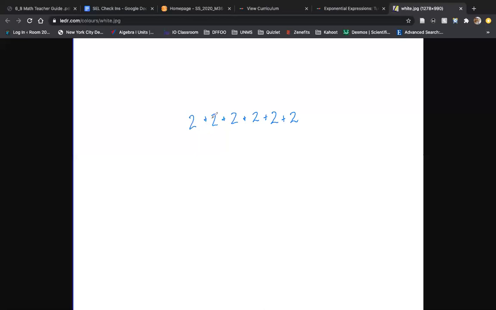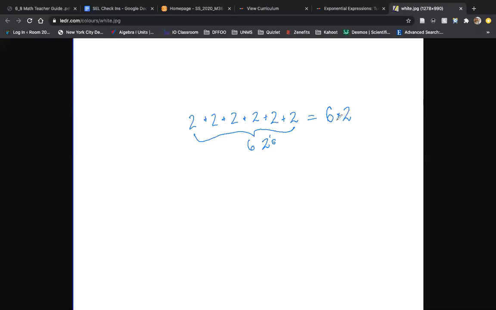The number is small, so you can just keep on adding 2's. But we know in math that repeated addition is the same as multiplication. So I say, okay, how many 2's do I have here? I have 1, 2, 3, 4, 5, 6 2's, right? So a simpler way of writing this would be 6 multiplied by 2. They both give you the same thing.